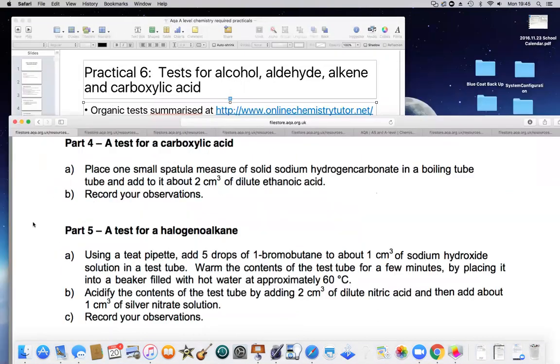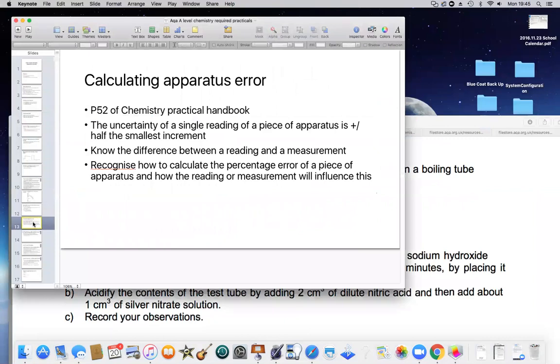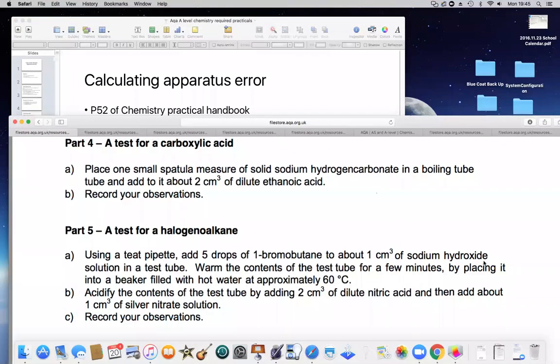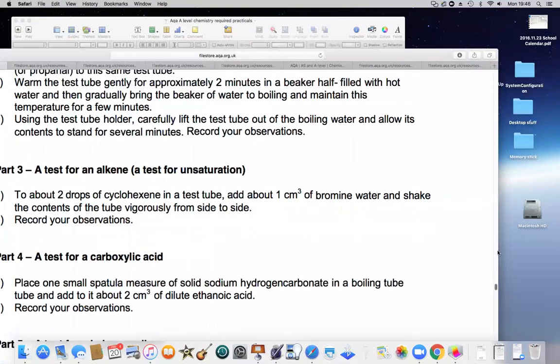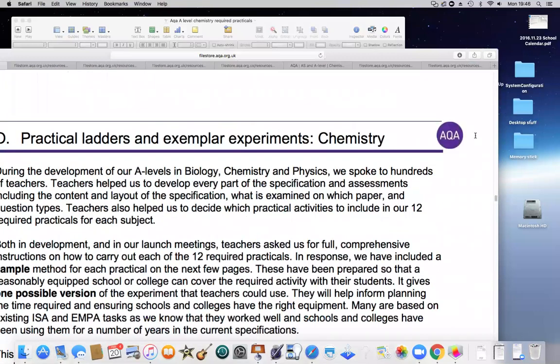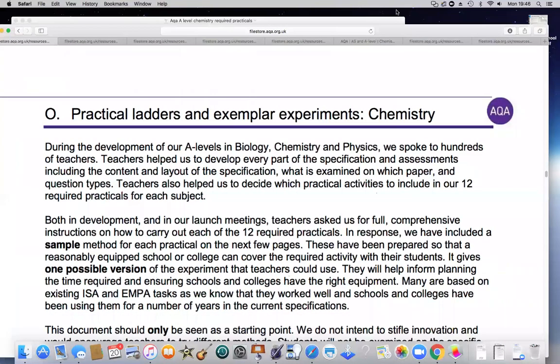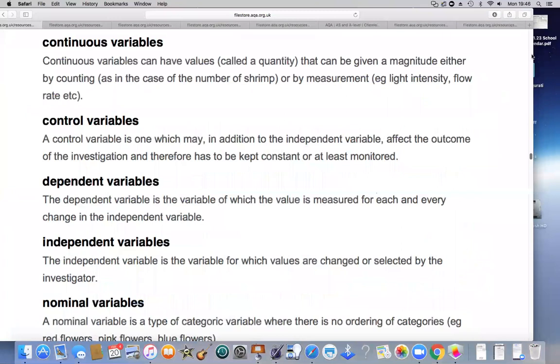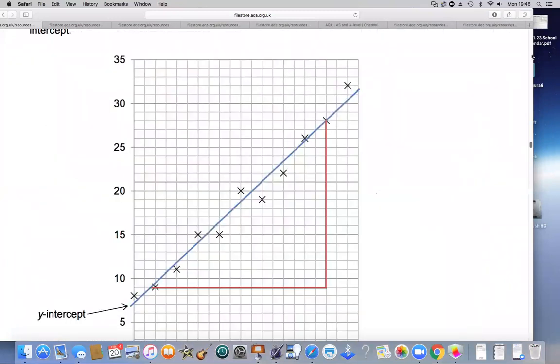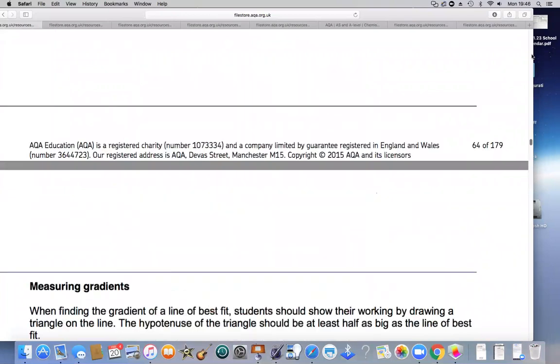What I want to do now is move on to calculating apparatus error. And again, the chemistry handbook is our friend. I'm going to go all the way back up to page 56 of this document, because it talks you through it really, really well, actually. Tells you everything that you need to know.